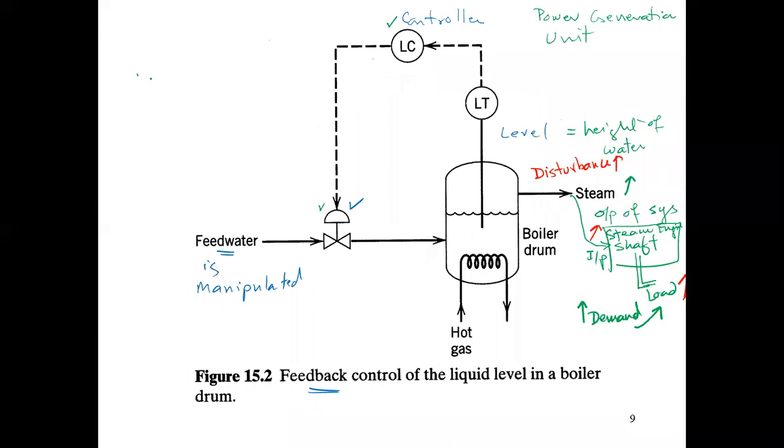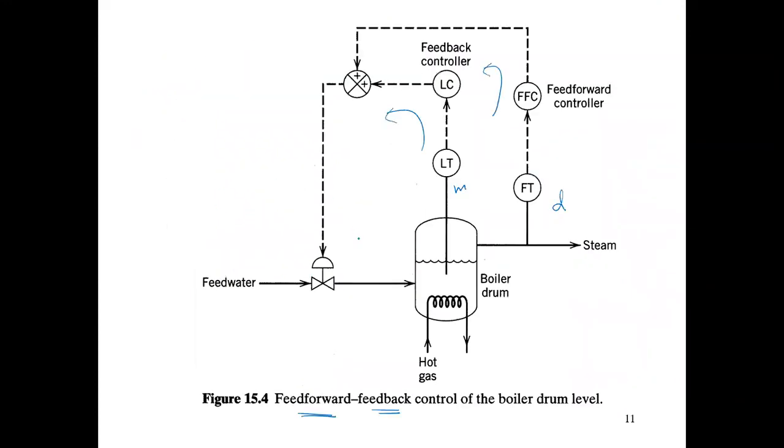Previously, there is no feed forward. We only have the feedback control. ठीक है. Next, we have both of them. So we have the feed forward and we have the feedback in this diagram. हम अपने सिस्टम की आउटपुट को भी मेजर कर रहे हैं और हम अपने सिस्टम की जो डिस्टर्बेंस है हम उसको भी मेजर कर रहे हैं.